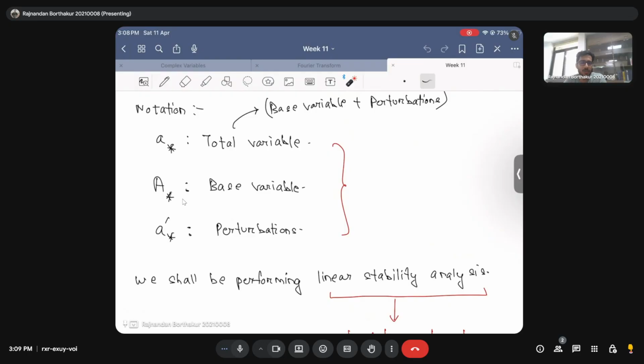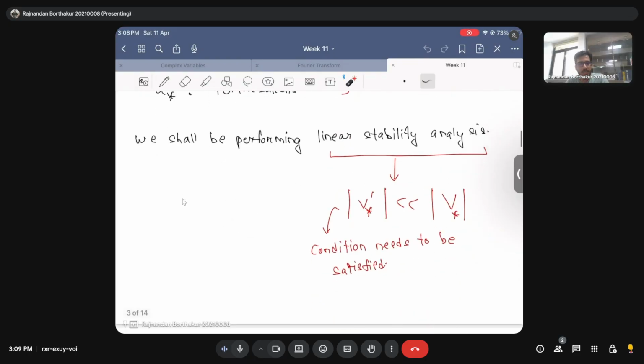We said that the total variable is denoted by a small case letter, if I have a star it's dimensional, the base variables were denoted by capital letters, and the perturbations were denoted by the small case letter with a dash. We looked into the linear stability analysis, whose definition mandates that the magnitude of the perturbation should be less than the magnitude of the base flow.